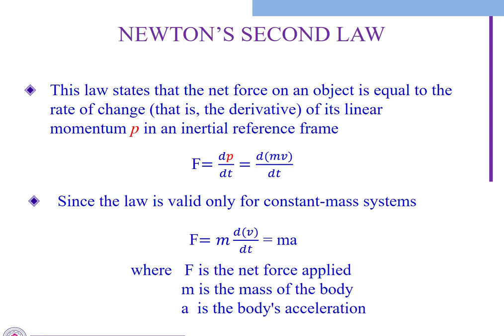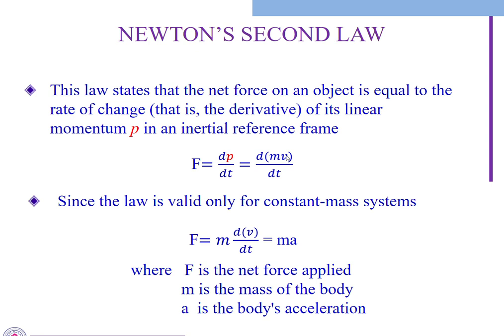If you take any body, the force F is equal to the rate of change of momentum, where p is the momentum of the material. Force is equal to dp by dt, where p is mass times the velocity.